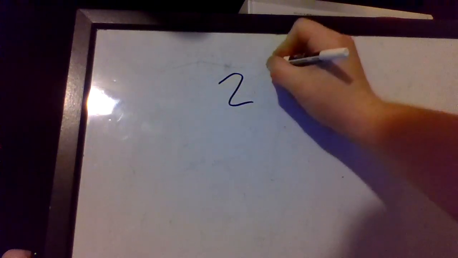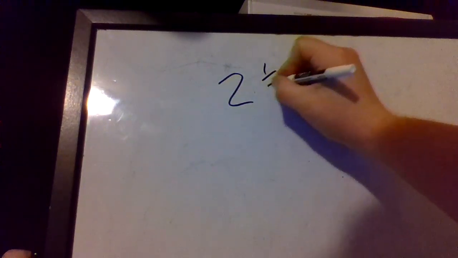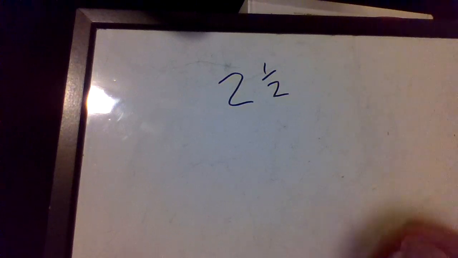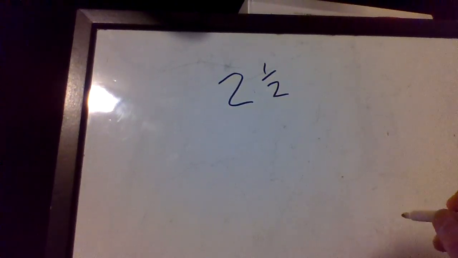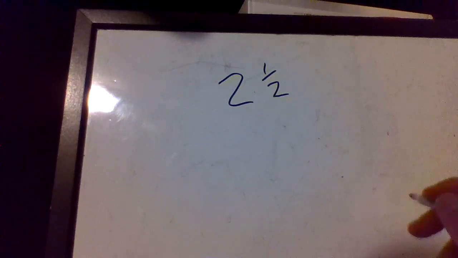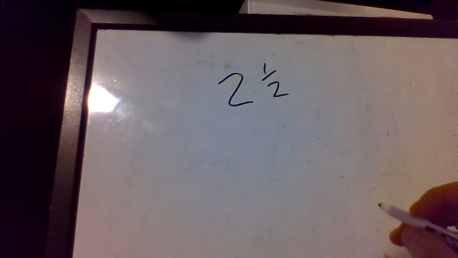Alright, so we are going to start with the fraction 2 1/2 because I think that's a pretty easy fraction. The first step in multiplying mixed numbers is to know how to change the mixed number to an improper fraction.